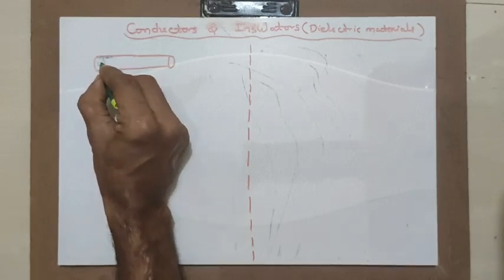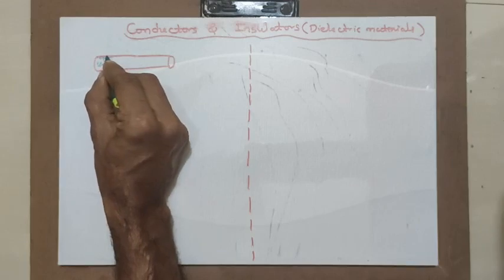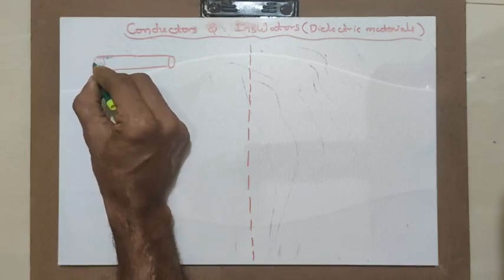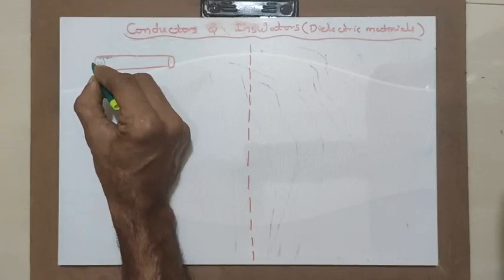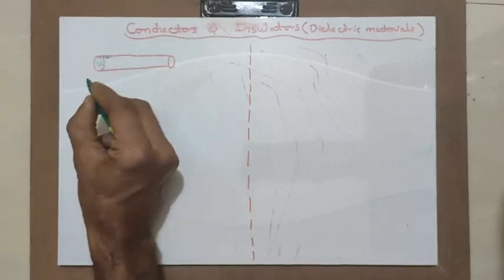Please note that initially the electrons were present at the interior or at the center of the conductor. Under static conditions, they move towards the surface, and they can be present only at the surface, nowhere else. They cannot reside at the interior under static conditions. This is one of the very important points, that no electrons are at the interior.